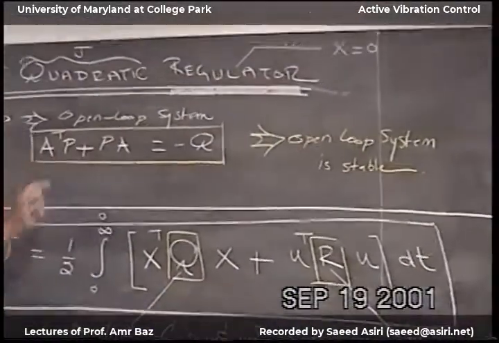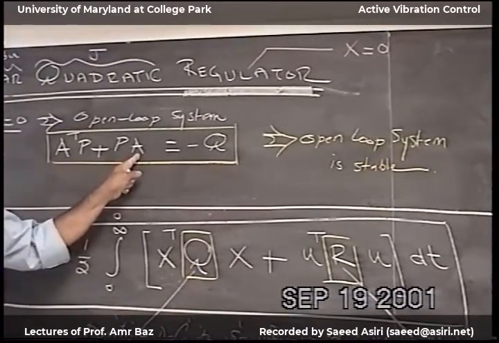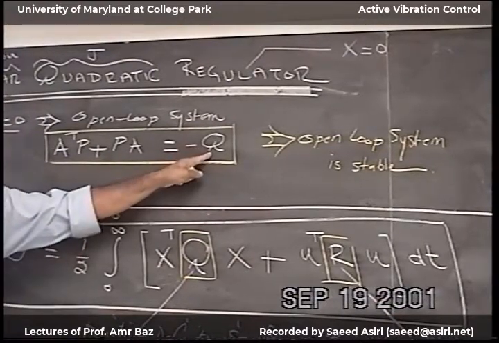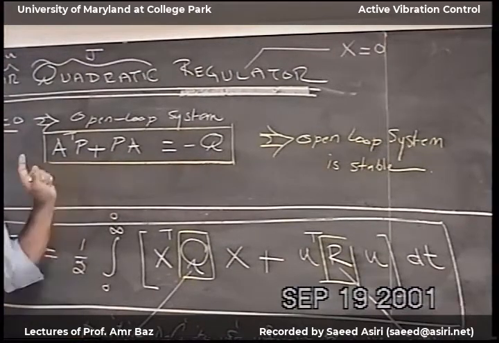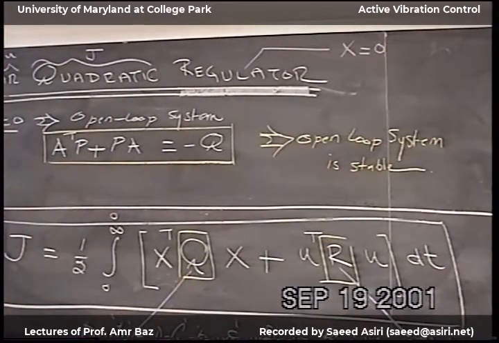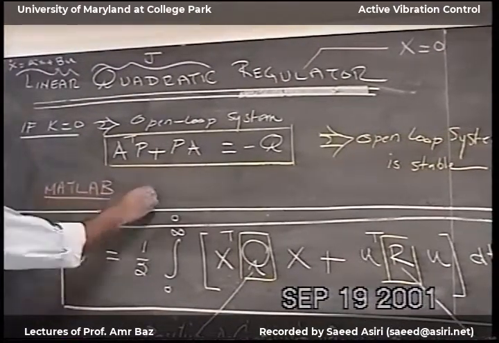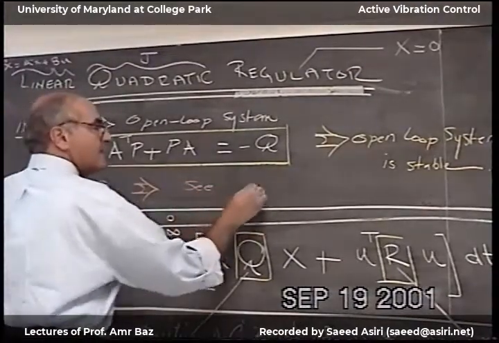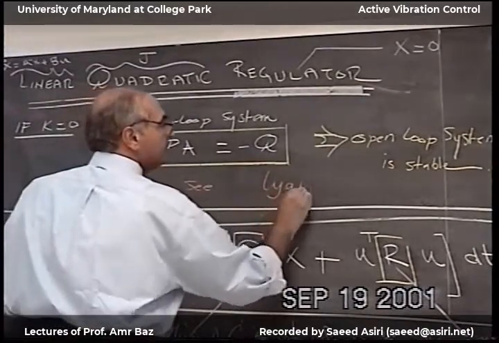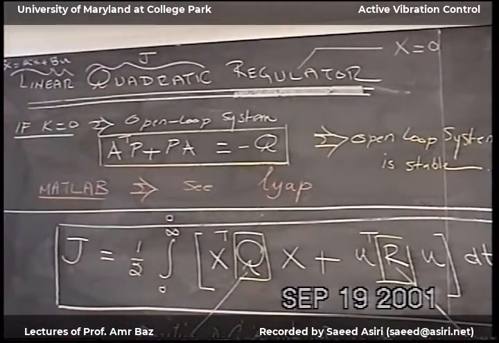This equation, if I have a matrix A and I give any Q, I can calculate P. And you can go into MATLAB and use the Lyapunov command.